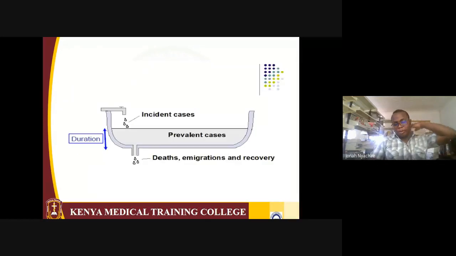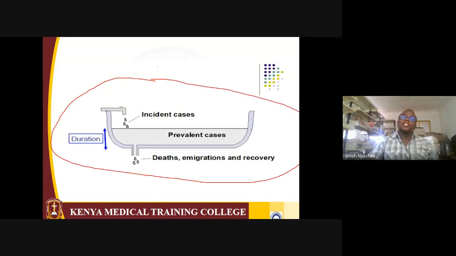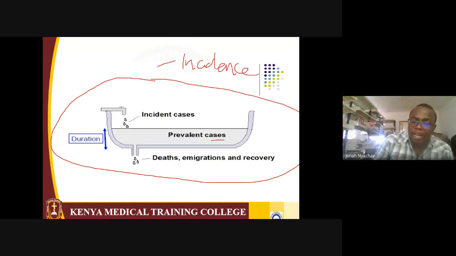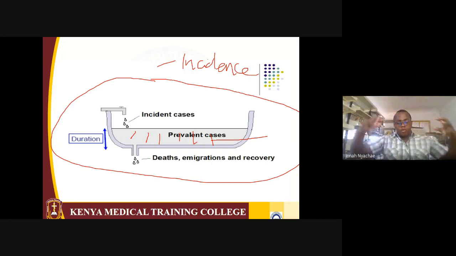So for example, this is a diagrammatic representation of incidence. When you look at this, you have the prevalence cases. These are the cases. It could be malaria. When you look at this, it's like a basin. We have water and we have a tap that is adding new cases.